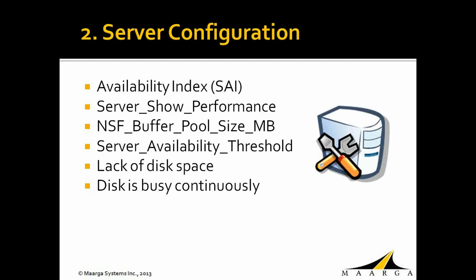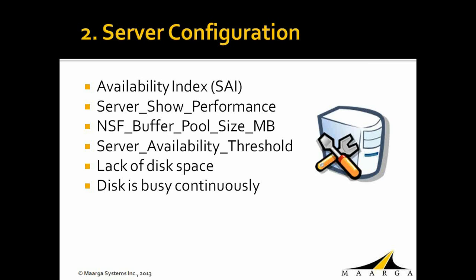So, server configuration. There is something called a server availability index that is part of the server statistics. This is something that we need to look out for. If a server is having a 5% availability index, that means 95% of the server is getting utilized at that point of time, which means the server is heavily loaded and cannot handle further requests at a faster pace.